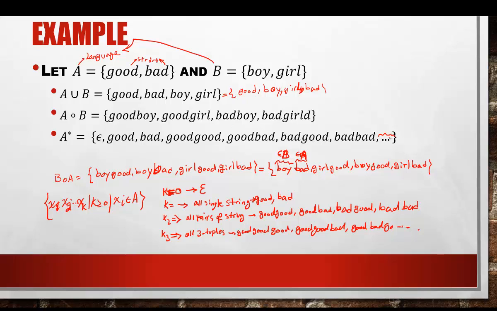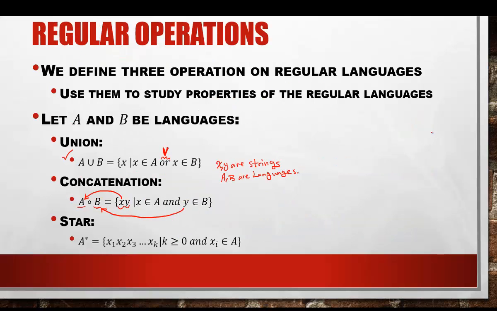This indicates that this set goes on and on to infinity, because we didn't specify any upper bound on k here. We said that A star contains all the combinations of strings for any k greater than or equal to 0, which means you can have an infinite number of strings from your original strings concatenated with each other, and they'd be a member of A star.